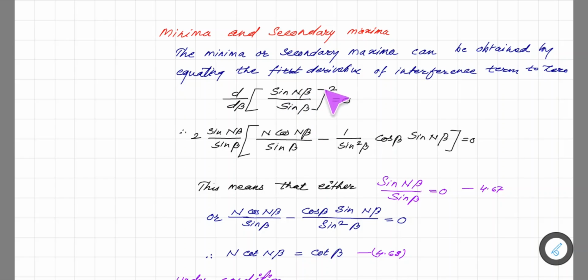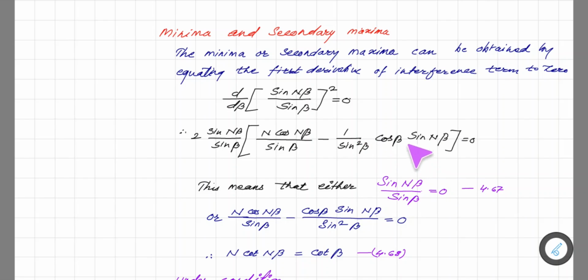So here, the minima or secondary maxima can be obtained by equating the first derivative of the interference term to 0. Remember, minima means this term must be 0. So if it is equated to 0, we get the term 2 sine of n beta upon sine beta into n cos of n beta upon sine beta minus 1 upon sine square beta into cos of beta into sine of n beta is equal to 0.